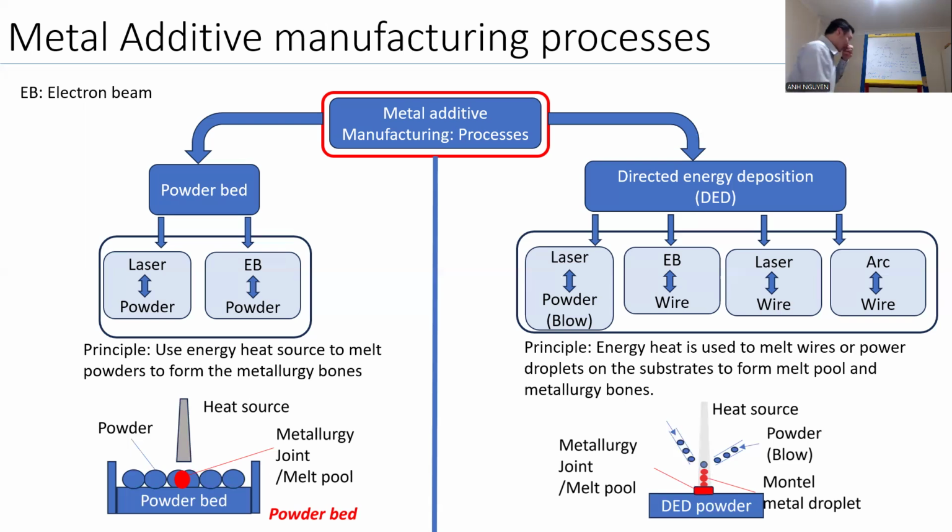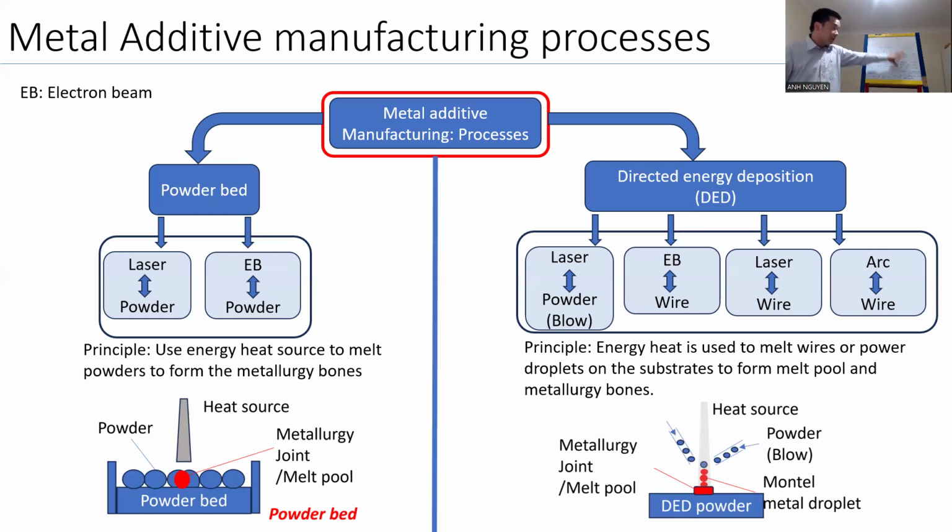For the DED process, we use heat sources including arc, laser and electron beam interacting with powder or wire to create 3D objects.